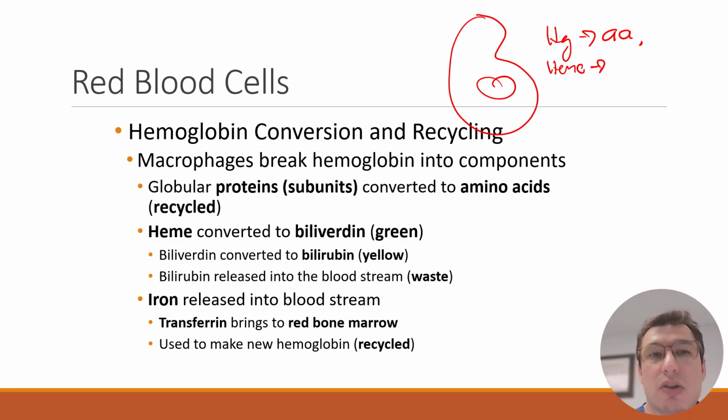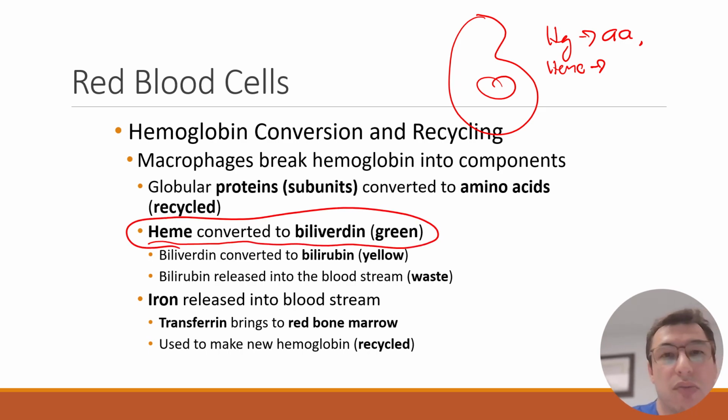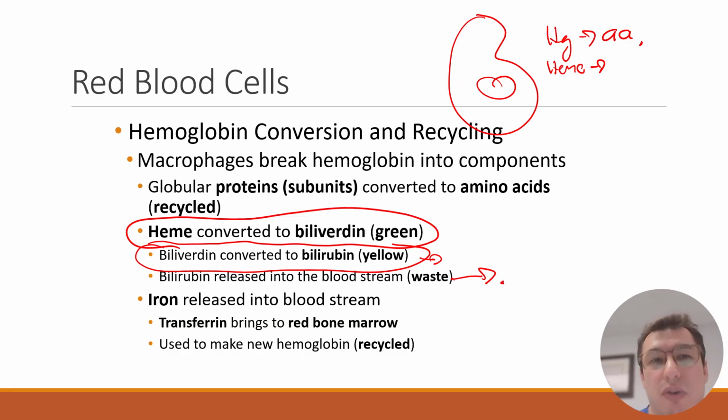The heme group is also processed, all right. Here, the heme group within the macrophage is converted to biliverdin. Now, biliverdin, still within the macrophage, is then converted to bilirubin. Bilirubin is not as toxic anymore and is released into the bloodstream. And while it is flowing in the bloodstream, it is filtered later on for waste.